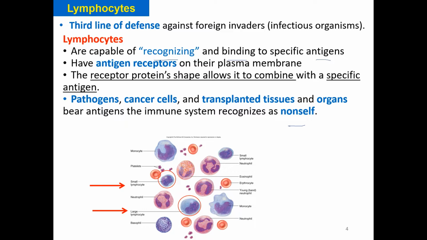We call it antigen. So the B and T lymphocytes have antigen receptors on their plasma membrane. The receptor protein shape of the B and T cell allows it to combine with a specific antigen.